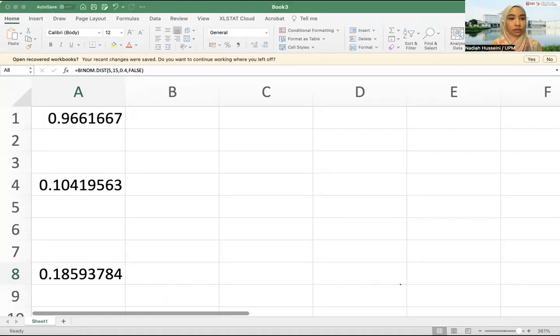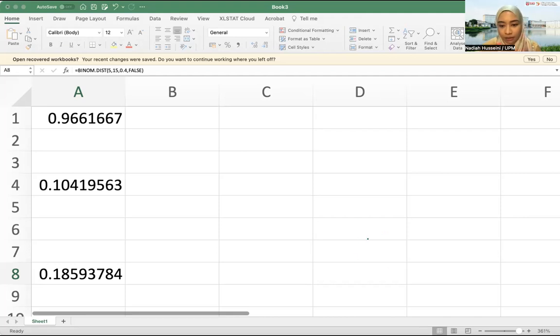Okay, so this was using Excel and the probability mass function. There is also another way to do it, which is using your cumulative distribution function. So how would you approach this if you were to solve it using cumulative?